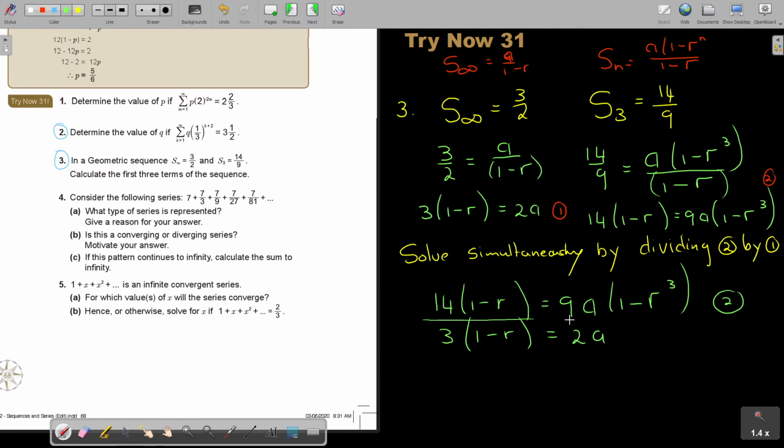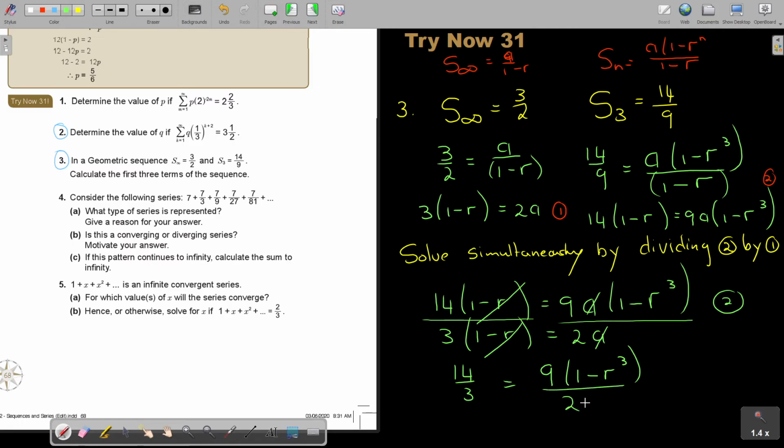Now remember, I'm busy dividing it, so the a's cancel. This is why I didn't multiply it out. So I get 14 over 3 equals 9(1 minus r^3) over 2.